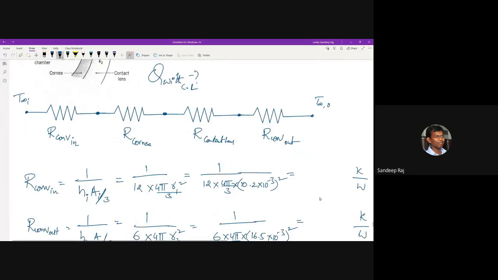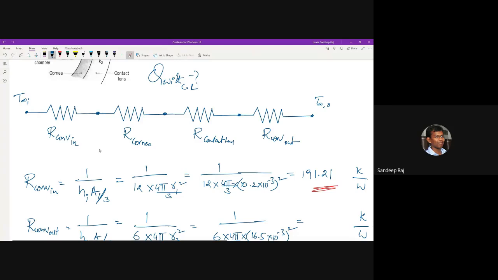What is our R convection in value? Somebody please tell me. Yes, are you calculating? I want this value. Yes, please tell me that value. Sir, is it 180? 191.21, sir. 191.21 Kelvin per watt.